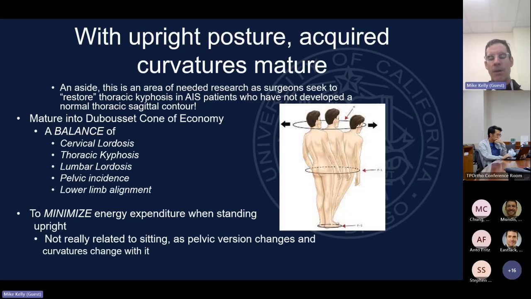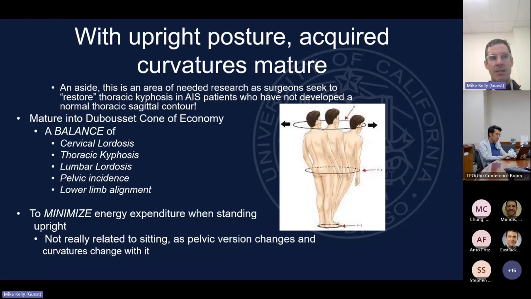And so the primary sagittal curvatures are thoracic kyphosis and sacral kyphosis. So everything starts as kyphotic and they remain kyphotic. The acquired curvatures are cervical alignment. I need to change this slide from cervical lordosis to cervical alignment, and lumbar lordosis, which are responses to your pelvic incidence.